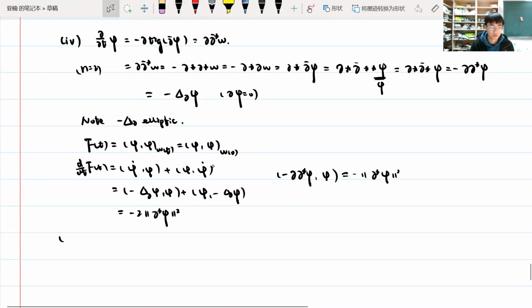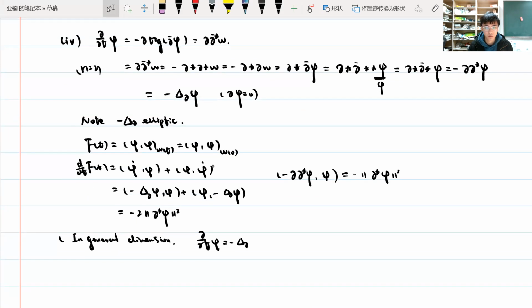In the general case, or in general dimension, we can also rewrite it, but there is another term on the right-hand side.